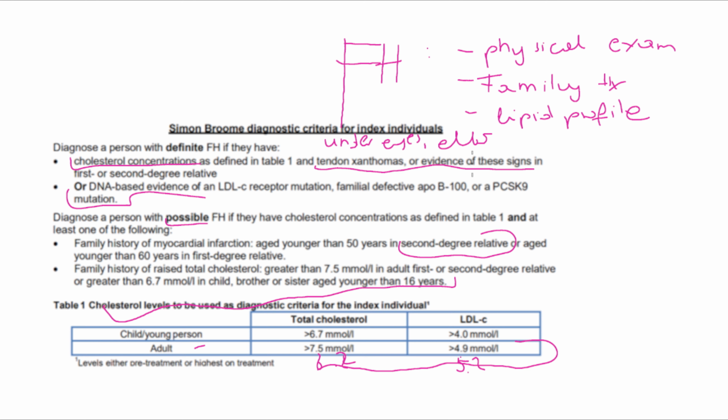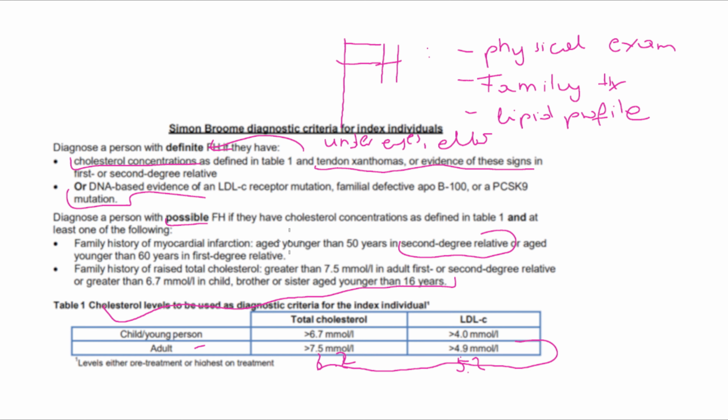There is no information whatsoever in this case about her family history. But from all of those, cholesterol concentration and tendon xanthomas are present. So they point towards definite familial hypercholesterolemia.